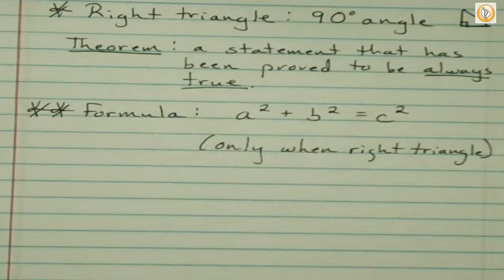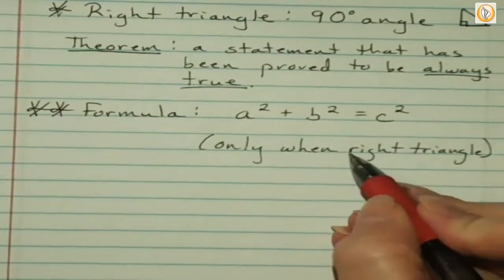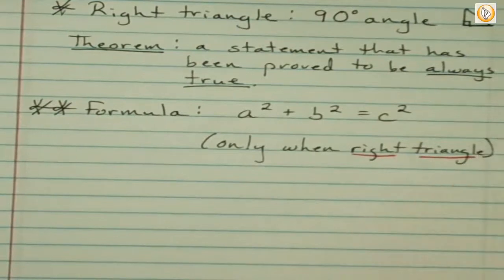Again, this is at the end of your textbook, so you do need to know it. However, it's at the end of the textbook because you're going into geometry next year. And so you're going to really need to know this. This is kind of going into that. So the Pythagorean theorem, this formula is used to find the lengths of missing sides of a right triangle. Only a right triangle. Not any triangle, but a right triangle.